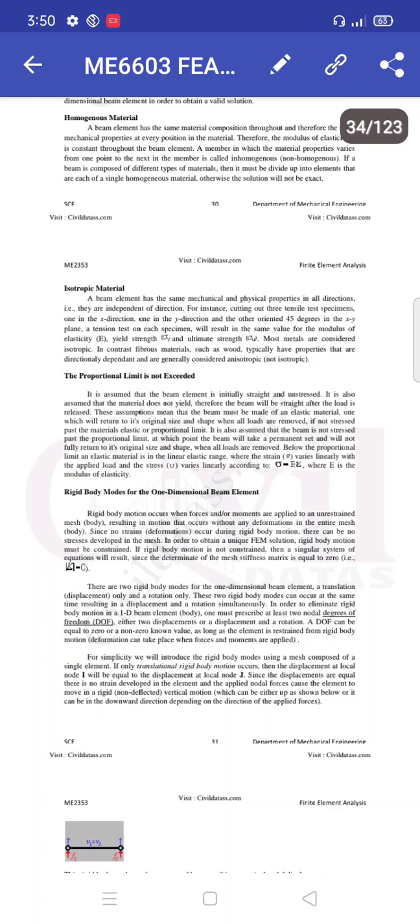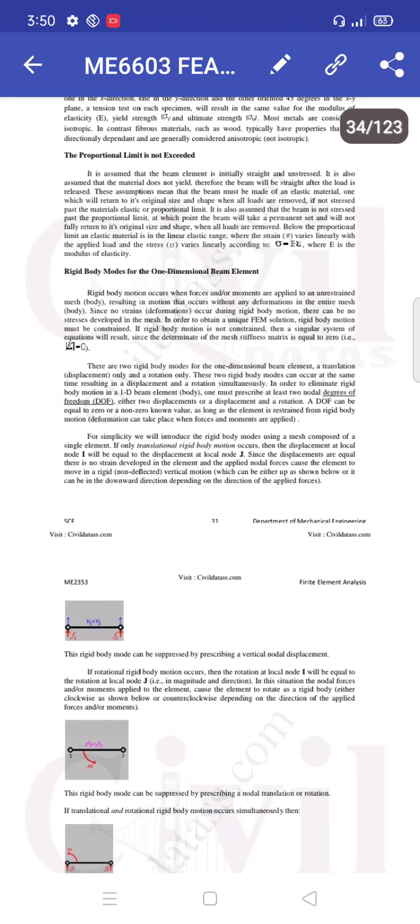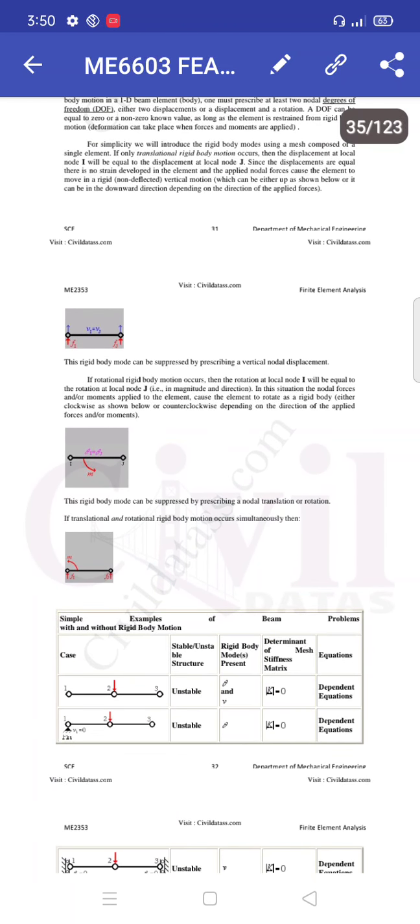Since the displacements are equal, there is no strain developed in the element, and applied nodal forces cause the element to move in rigid, non-deflected vertical motion, which can be either upward as shown below, or in the downward direction depending on the direction of the applied force. A rigid body mode can be suppressed by prescribing a vertical nodal displacement.